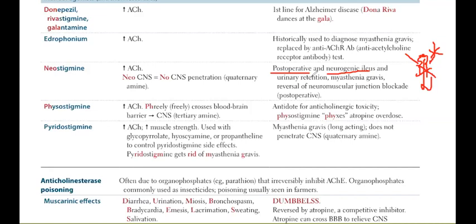In relative constipation, the patient does not pass a stool, but the patient can pass flatus. But in absolute constipation, it is complete: no flatus, no stool. In relative, there is flatus, but there is no stool.